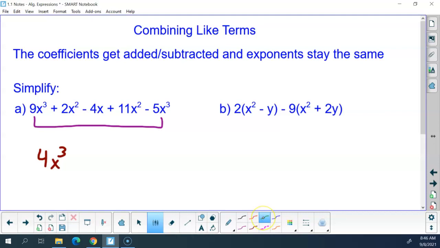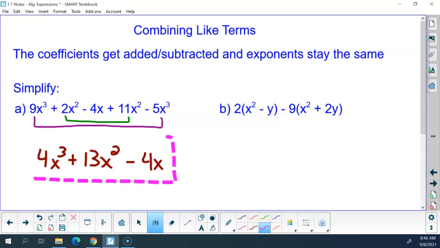Then we look for the next one. Here's a squared term. There's a squared term. You got 2 of them. I got 11 of them. Together, we have 13 of them. And there's nothing else that combines with the x because we got everything else. And so there is the simplified version of it.